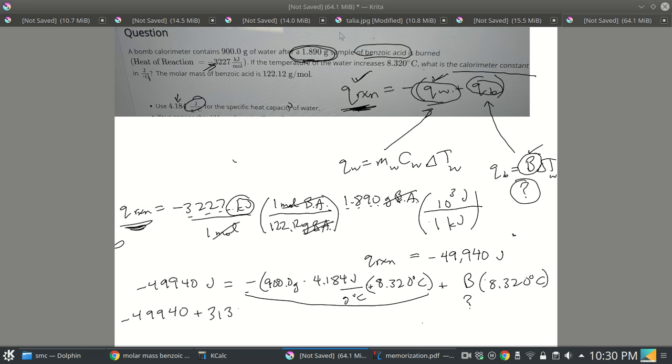And that equals B times 8.320. So I'm going to divide both sides by 8.320, and that will get B alone.